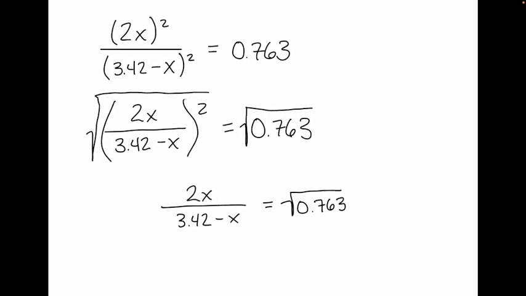All right, so fun with algebra here. I want that denominator gone, so I'm going to multiply both sides by 3.42 minus x.